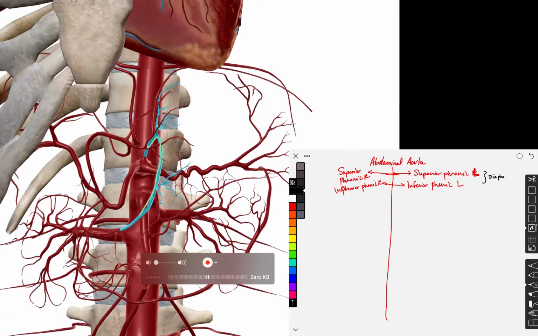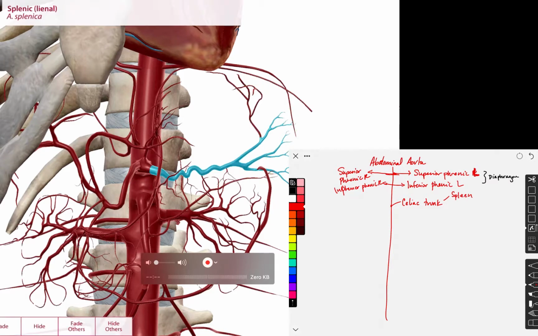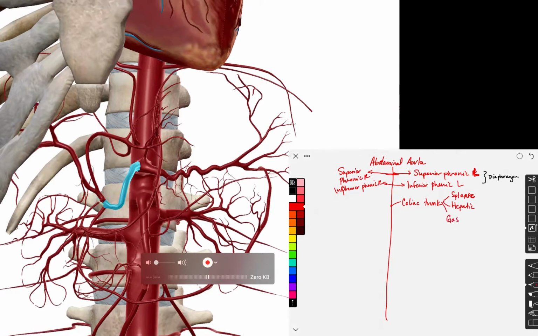Remember, stomach would be like this. The splenic would go to the spleen. And the hepatic, which would go to the liver.